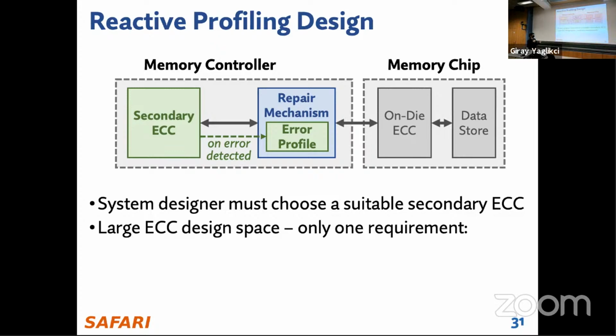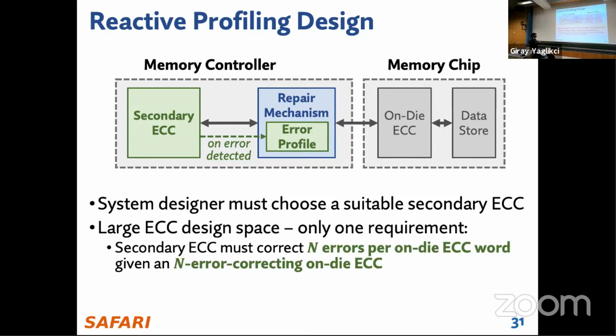We have this large design space, and the requirement that HARP imposes is that the secondary ECC needs to be able to correct N errors per on-die ECC word, given that on-die ECC is an N error correcting code. So the ECC word is what needs to be dealt with here as well.